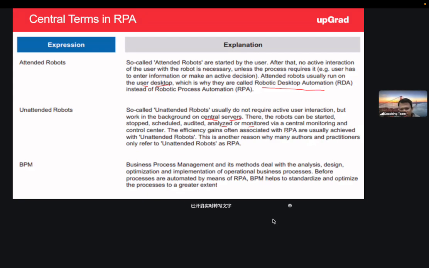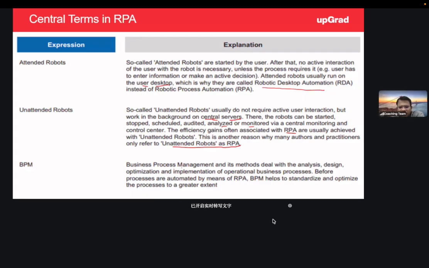So RPA uses unattended bots. Okay. So these normally are used as synonyms. You'll see that many research authors, many authors of books, and practitioners try to refer to unattended bots as RPA.